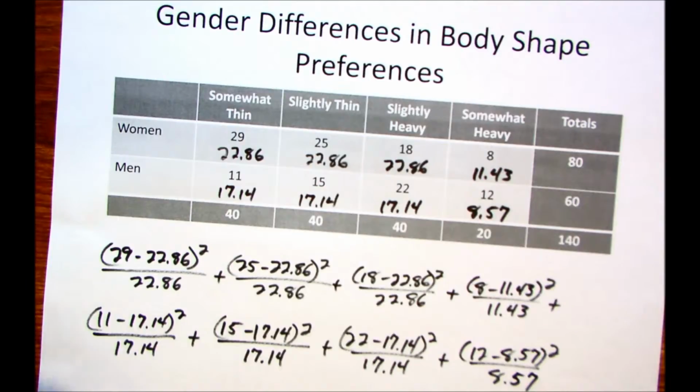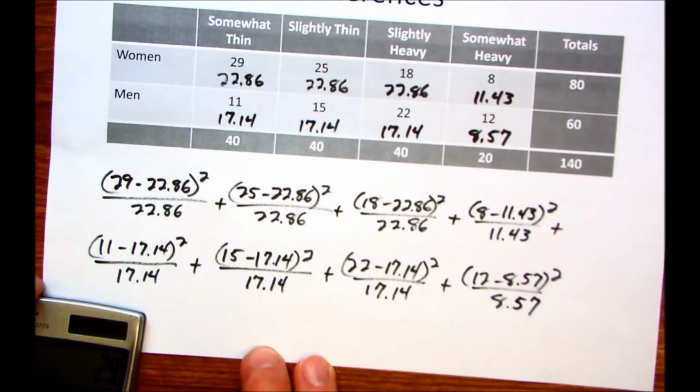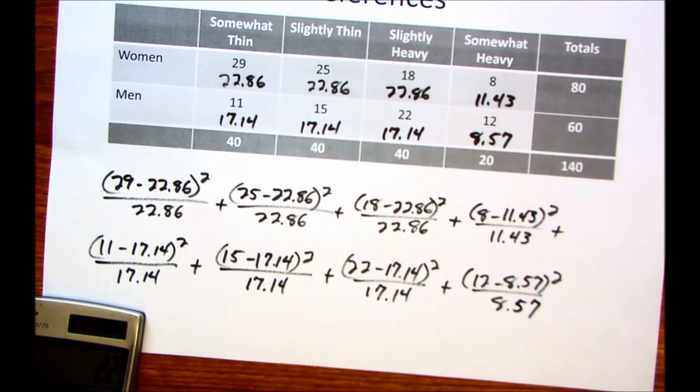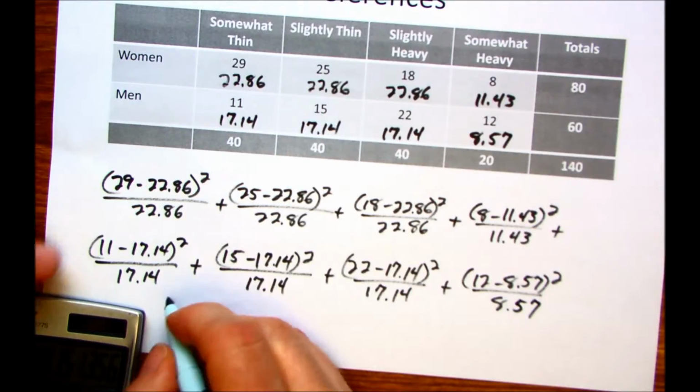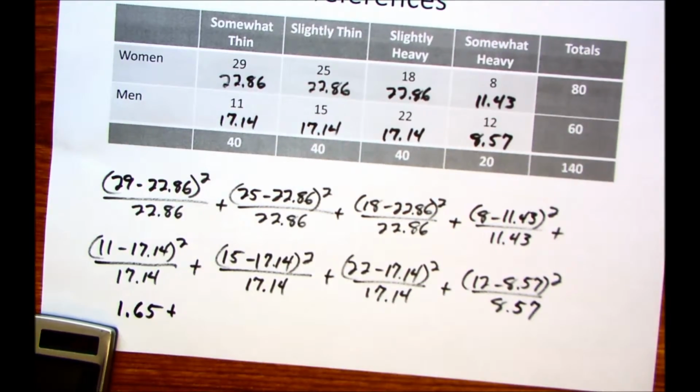Let's go through each one of them quickly. We've got 29 minus 22.86, squared, divided by 22.86, which is 1.65, plus 25 minus 22.86 squared divided by 22.86.